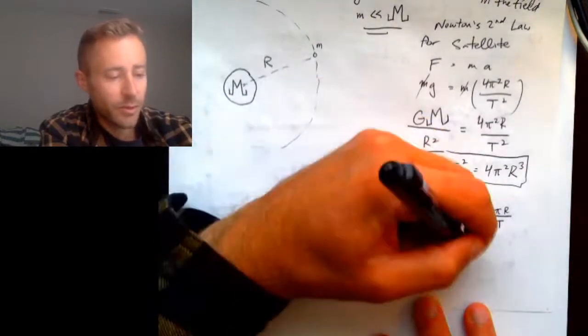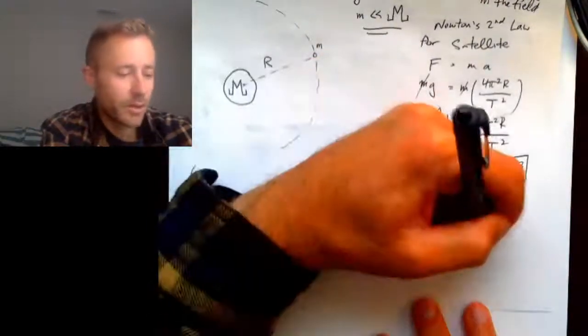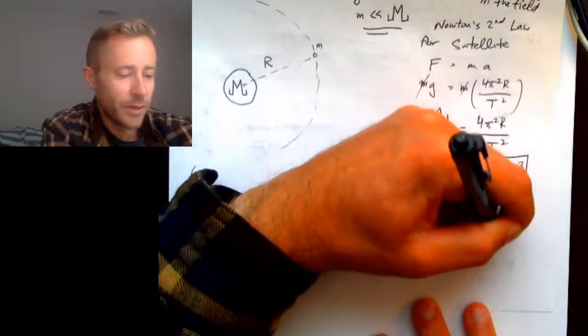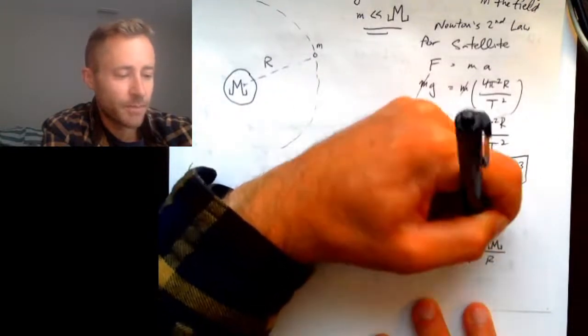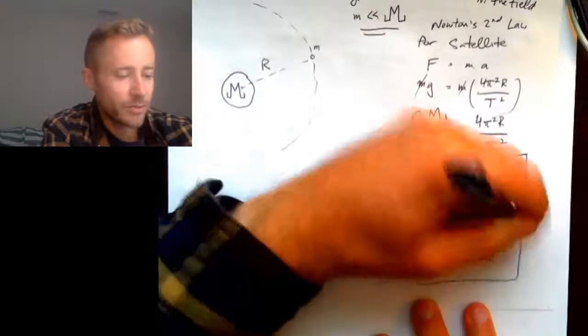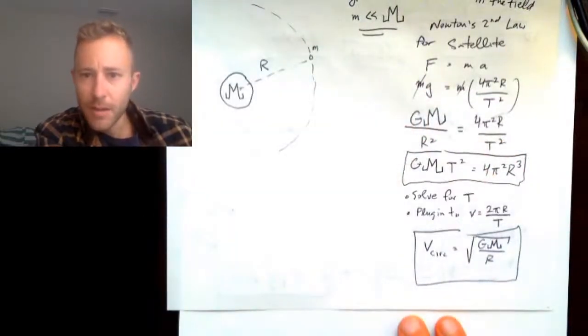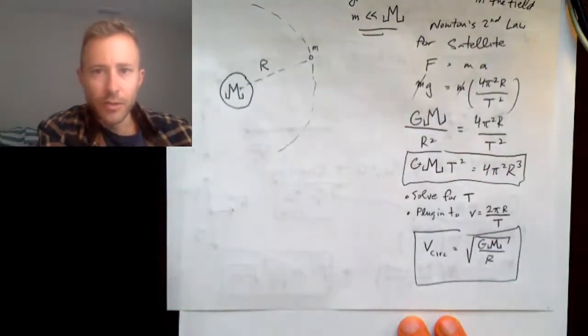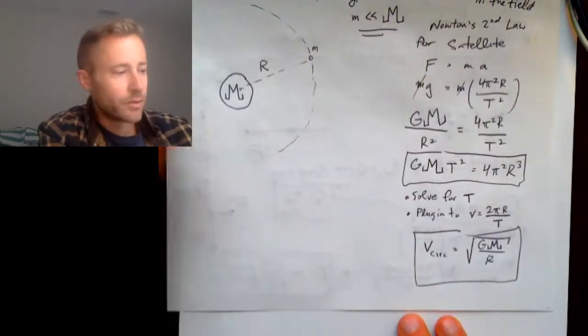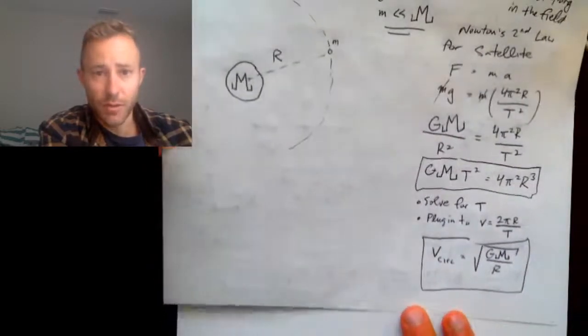The speed of a circular orbit is the square root of G big M over r. So that's another useful equation. Okay. So these are some of the fundamental equations in gravitational physics.